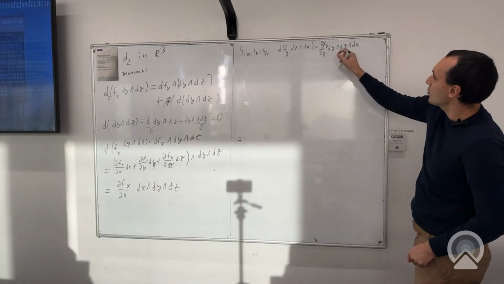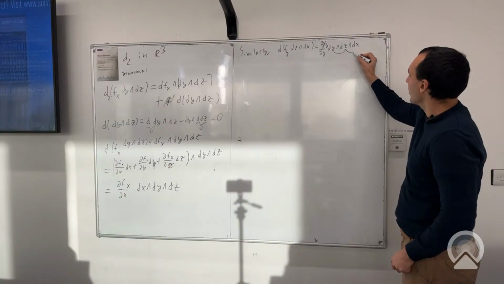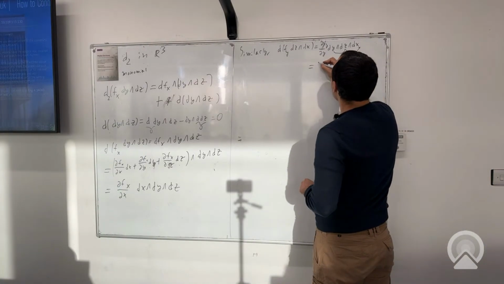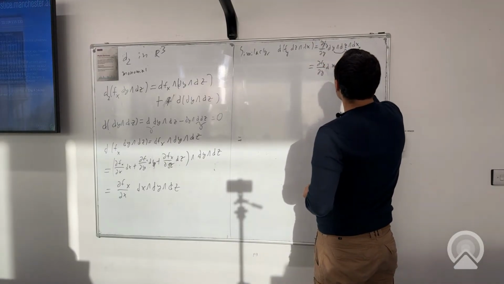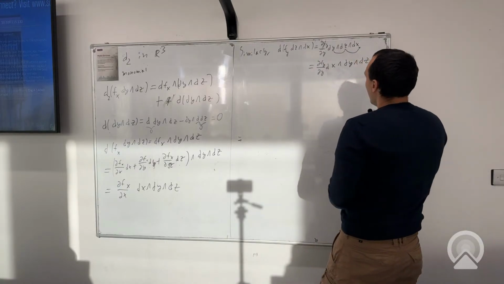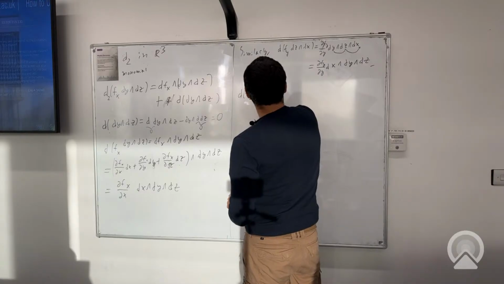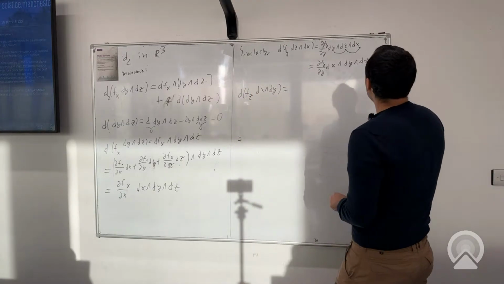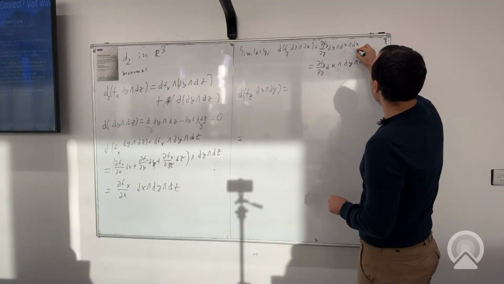And we have to make two changes, so we have two sign changes, so the result will be dy wedge dx wedge dz. Sorry, not two changes, I mean in the opposite direction.